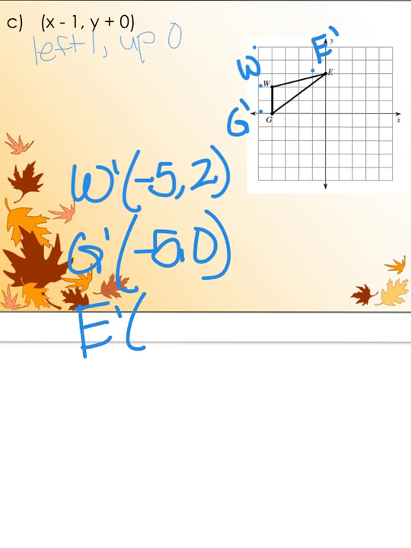And E prime is at -1, 1, 2, 3. Drawing in, it should look like a triangle again, just shifted backwards. And now that I switched markers, you can see it's probably a little bit easier for you to see that it is the same shape, same size, just shifted where it is on the coordinate plane.